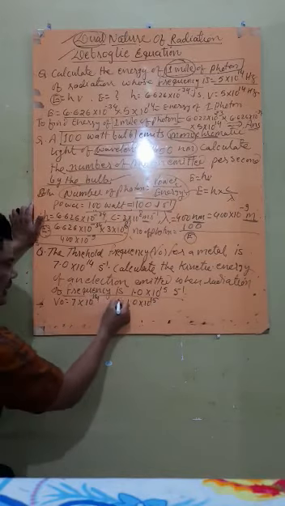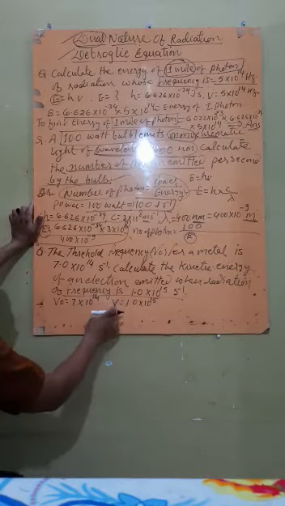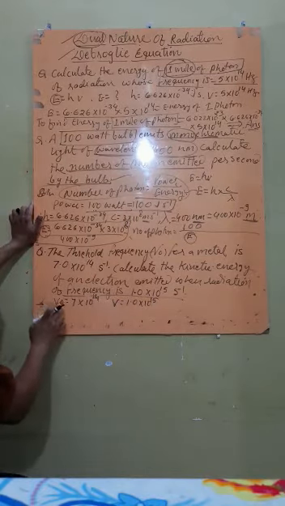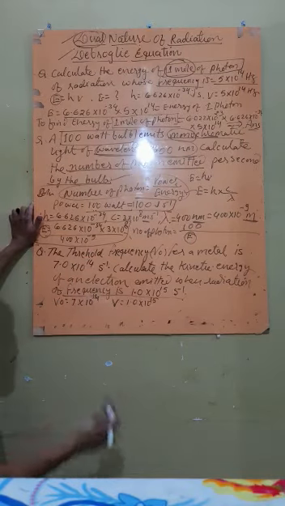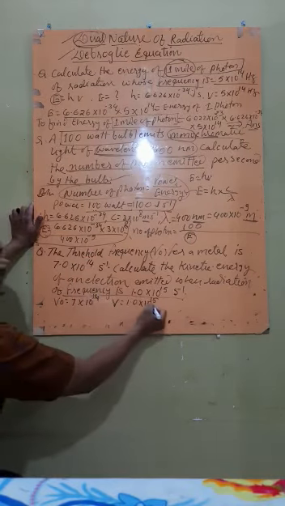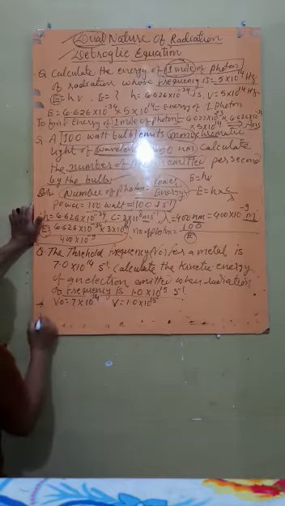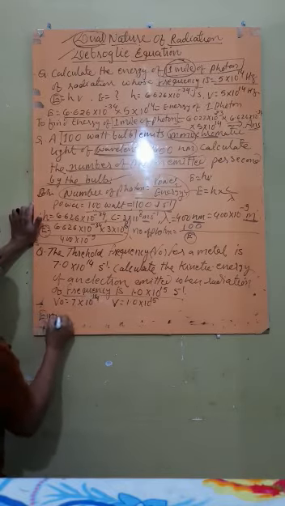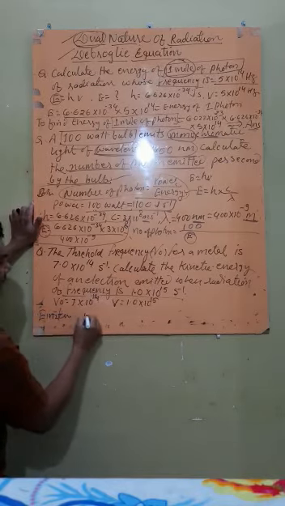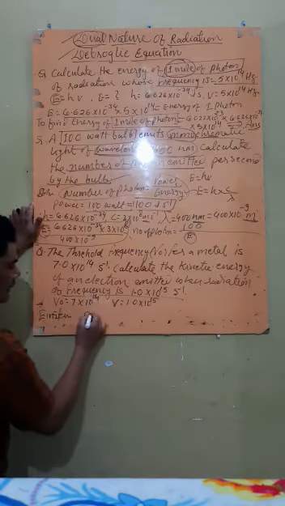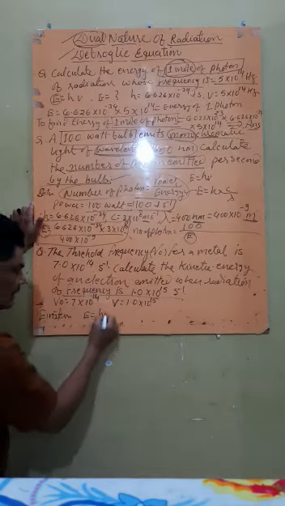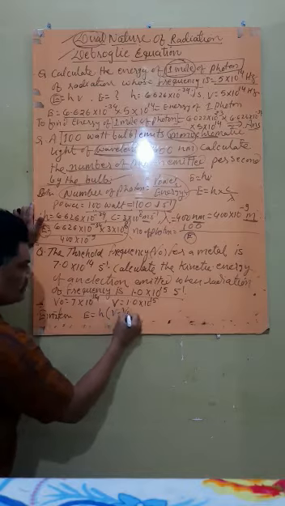That means incident frequency is always greater as compared to threshold frequency in the case of the photoelectric effect. Getting? Now, according to Einstein's formula, E is equal to h times (v minus v0).